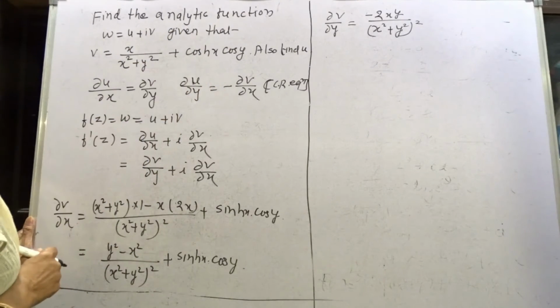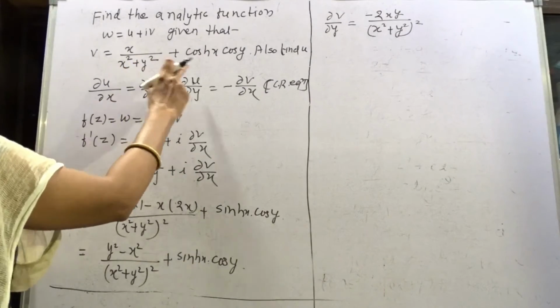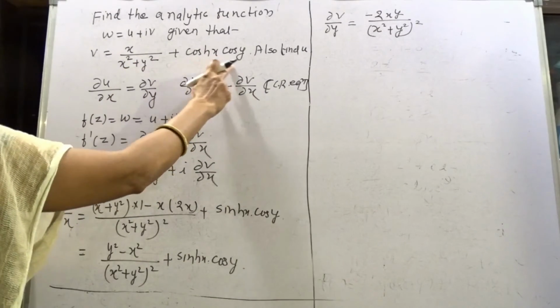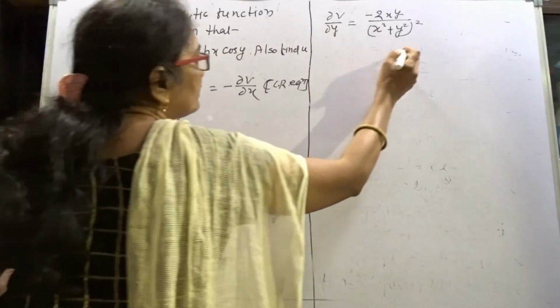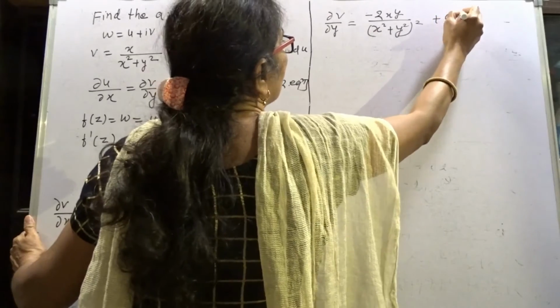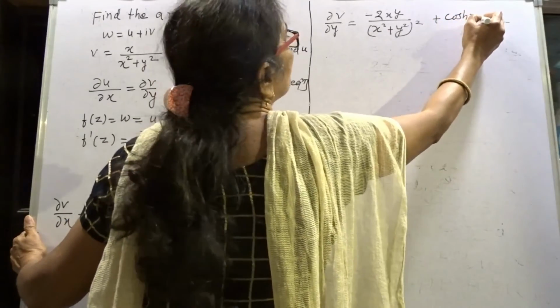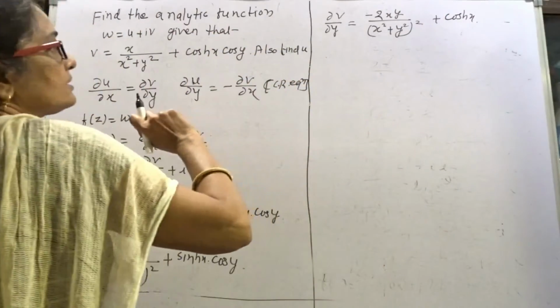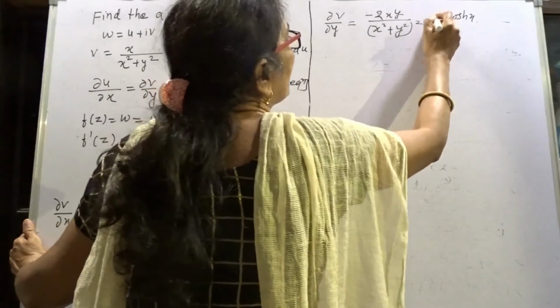So we will get minus 2xy upon (x square plus y square) the whole square. And differentiating the second term with respect to y, we get plus cos hx into differentiation of cos y, which is minus sin y.